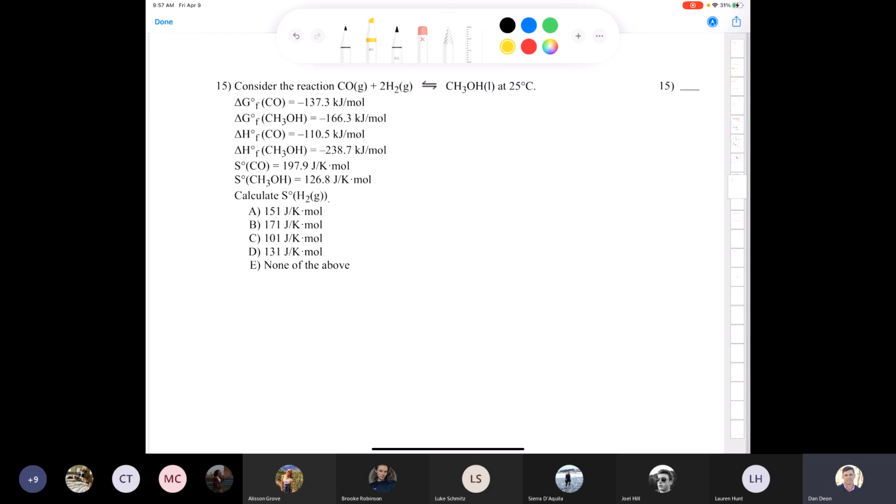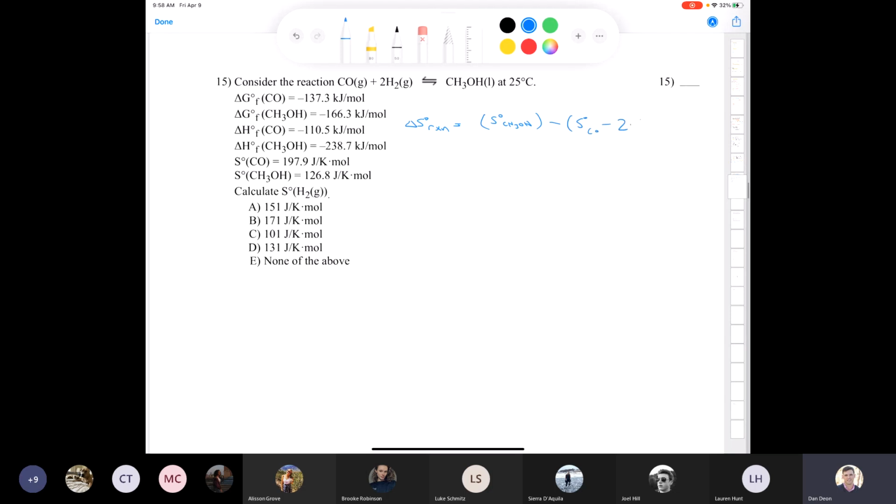Well, we know that the standard change in entropy for the reaction is going to be the S naught of methanol, subtract the standard entropy of carbon monoxide, subtract 2 times the standard entropy of H2.